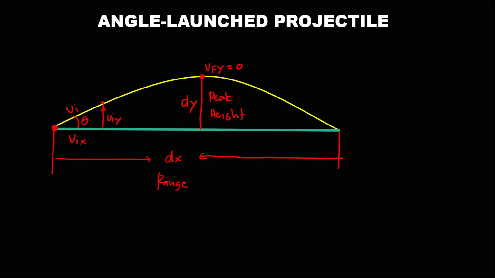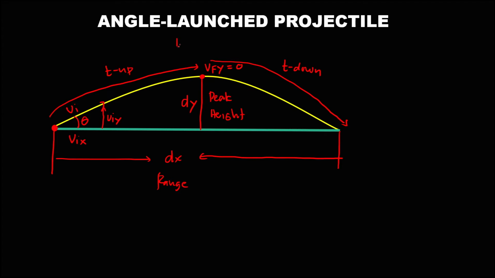Then to find the total time of flight, from this point to the peak height, this is the time up, and from the maximum height to this point, this is the time down.